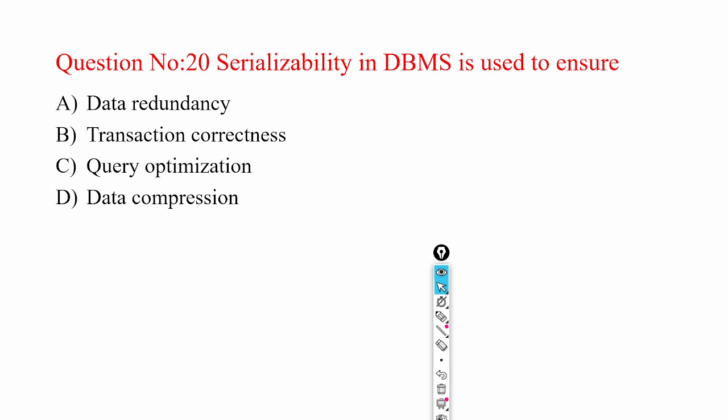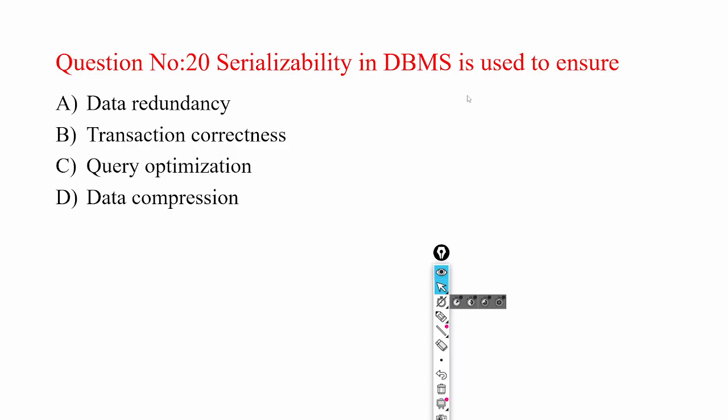And there are some other important concepts. Locking methods are also there, like two-phase locking methods, with the shrinking phase and the growing phase. So there are different topics in transaction management, and this question is related to transaction management.